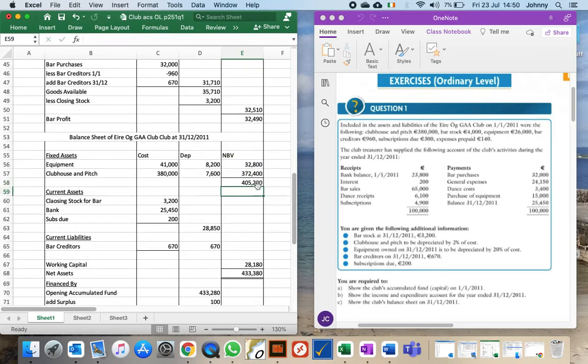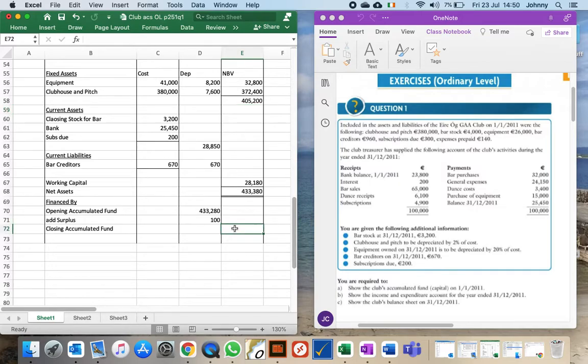We add that to our working capital, and that gives us our net assets. If we move down then to our financed by, we'll add our opening accumulated fund and our surplus, and that gives us our closing accumulated fund and our balance sheet balances.